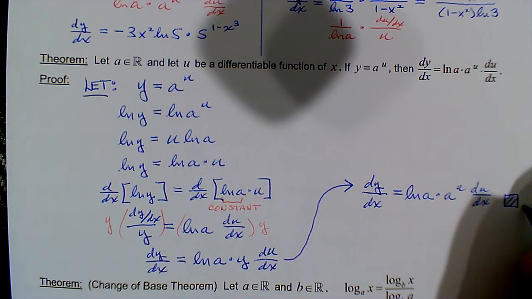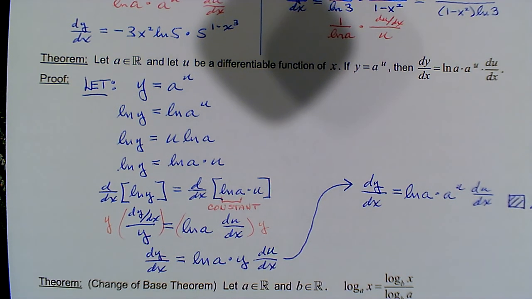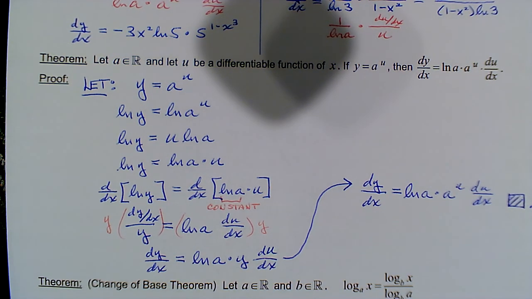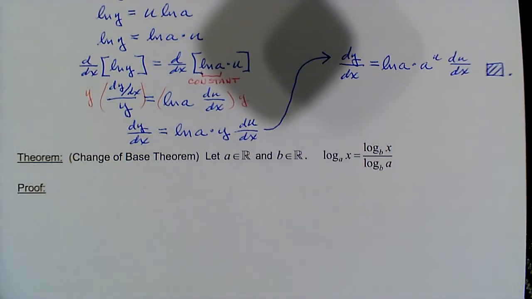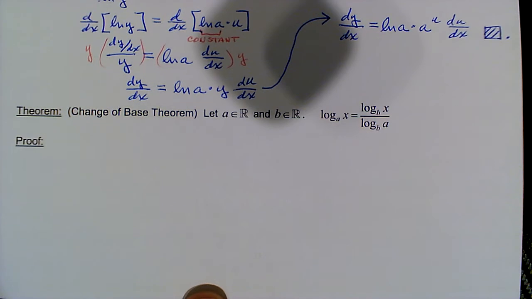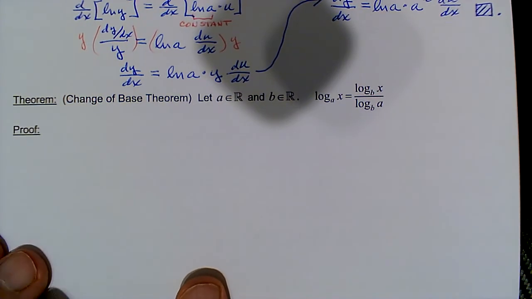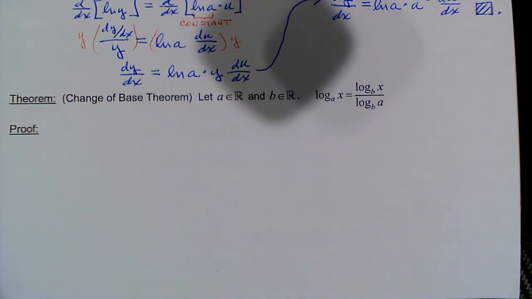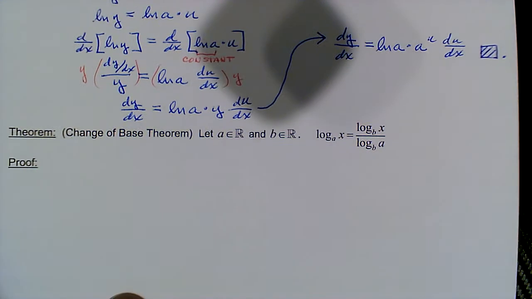Alright, now to prove the formula for the derivative of log base a of u, we actually need a familiar formula from pre-calculus or algebra and trig. It's referred to as the change of base theorem. And you can actually take any logarithm and change the base to any number that you want.